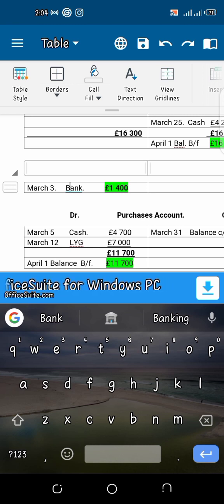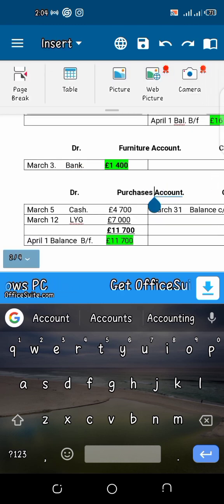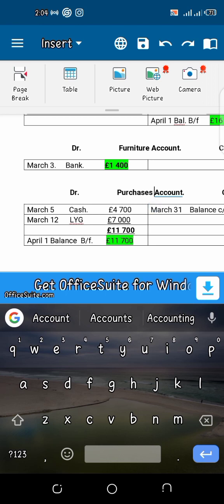So we have 1,400 at the debit side. Then we have the purchases account, the next item in the ledger. Purchases account, in the cash book it was at the credit side, and now in the ledger it's at the debit side. So purchases, March 5 we have cash £4,700.